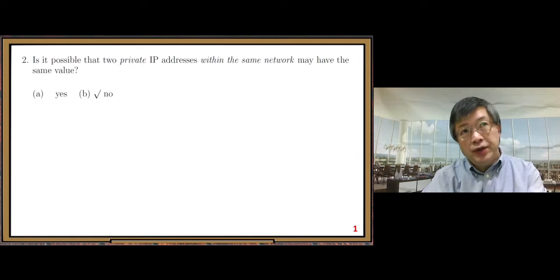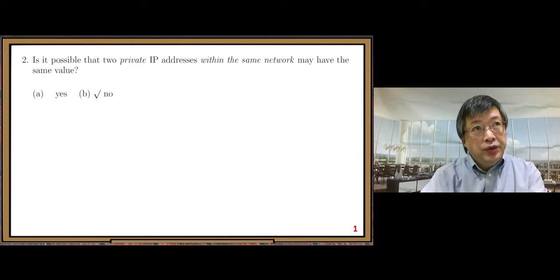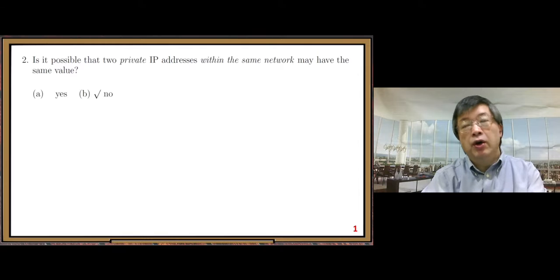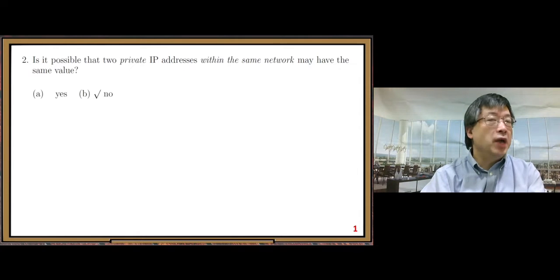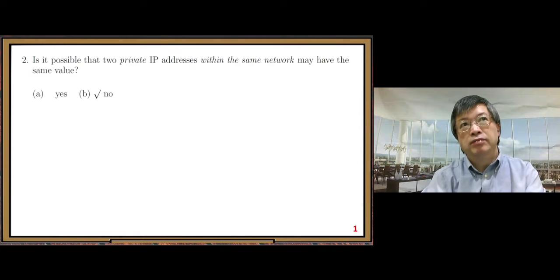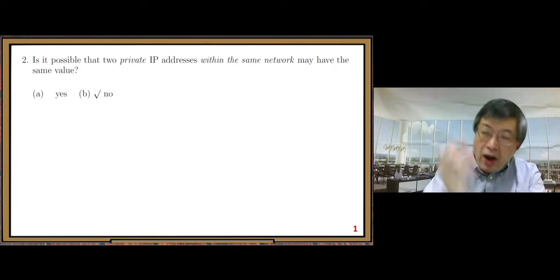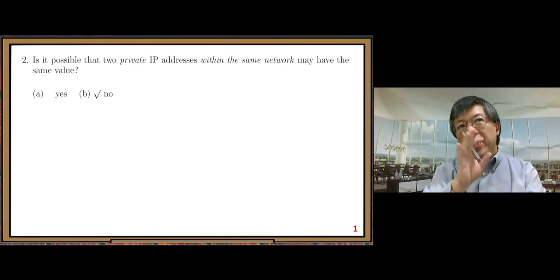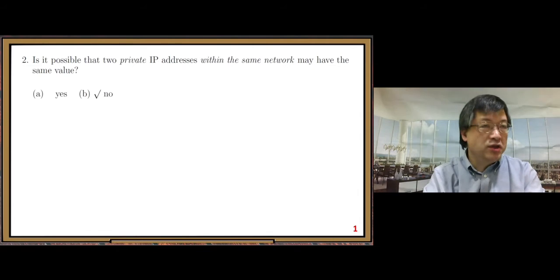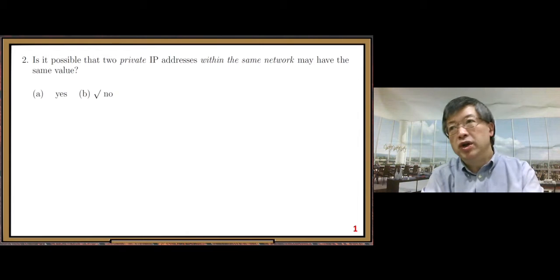All right, so this one is an easy question. You had a similar question in your homework number 1. But several students, not too many, but quite some, I estimate about 4 or 5 students, I think they didn't read the question carefully. So they thought this was the same question as the one in homework number 1.